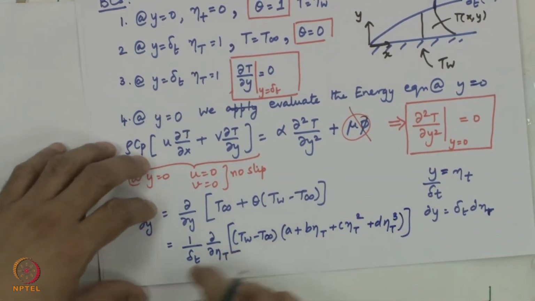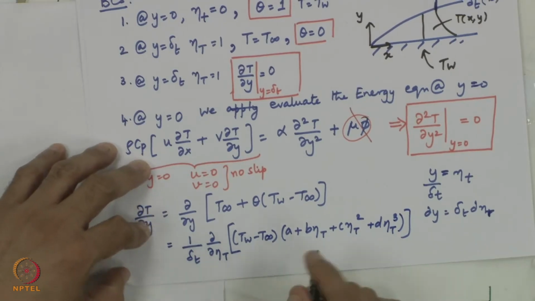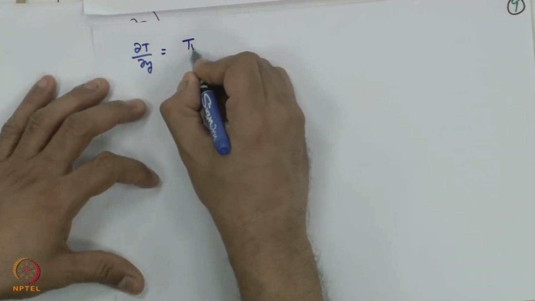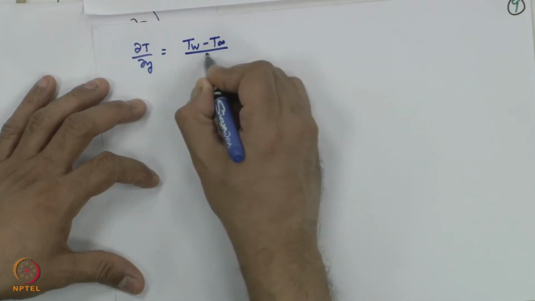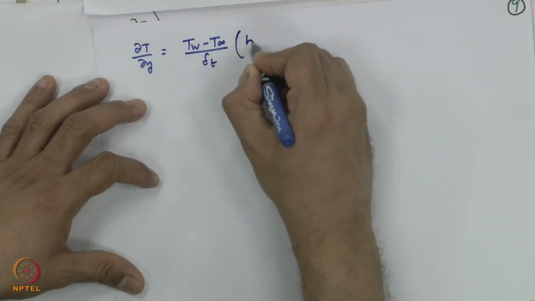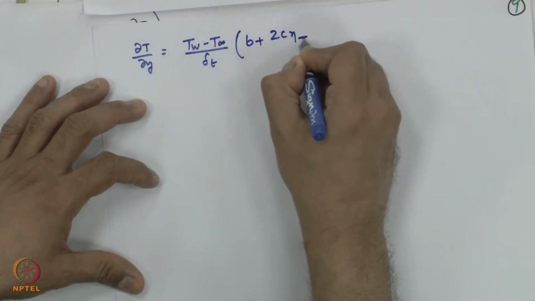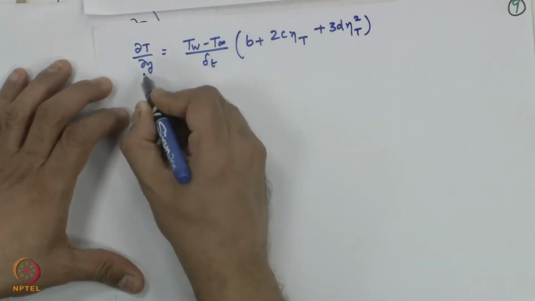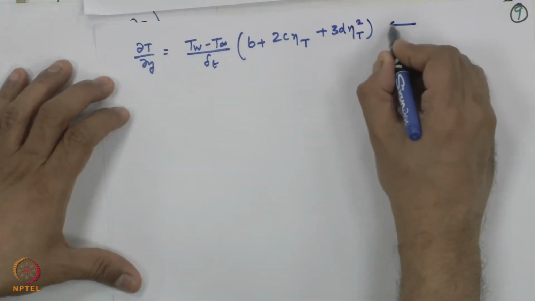T wall minus T infinity will come out, and therefore, I would get the derivative of this, which is nothing but dT by dy is equal to T wall minus T infinity by delta t, and within brackets b plus 2c eta t plus 3d eta t squared. This is my expression.